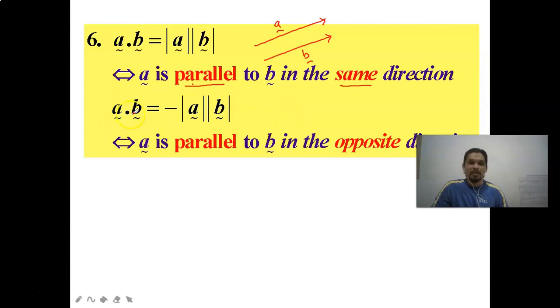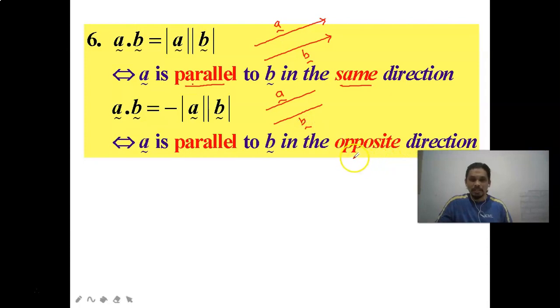And the scalar product A dot B equals negative modulus of A times modulus of B when A is parallel to B. These are vectors A and these are vectors B. But in this second case, A and B are in the opposite direction. So A is here and B, let's say, here. The magnitudes are equal, it is parallel, but in the opposite direction.